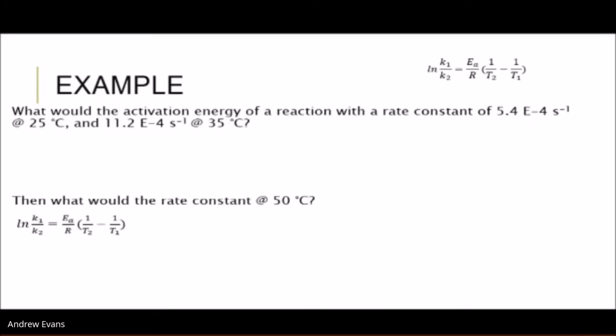I tried to make this a little bit easier by putting it in improper scientific notation. And of course, we want to know what K3 is at 50 degrees.